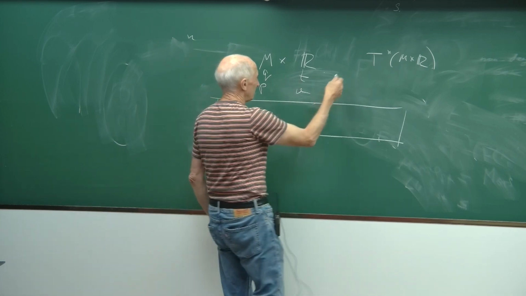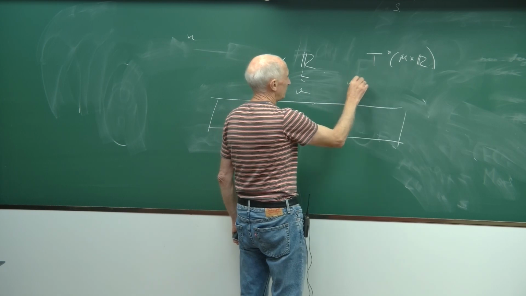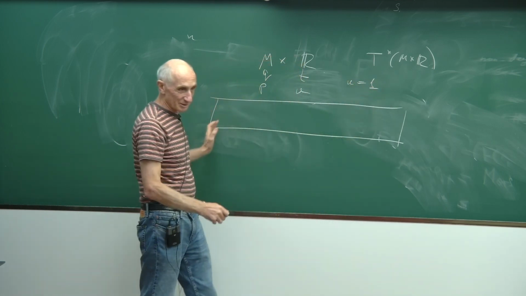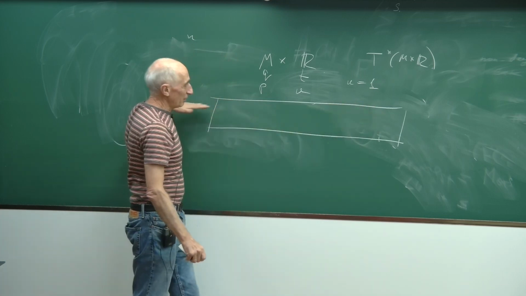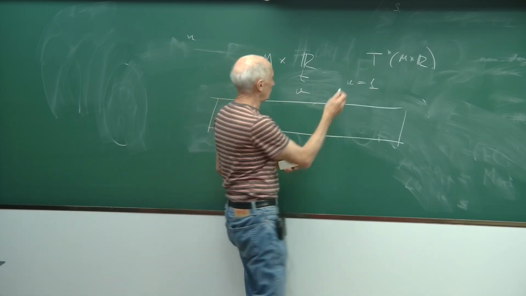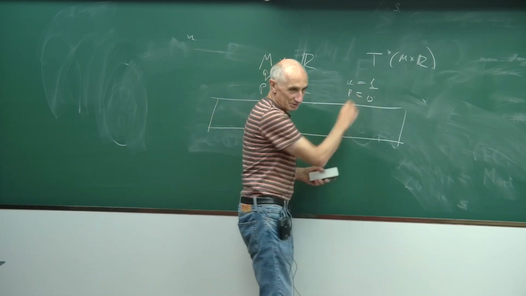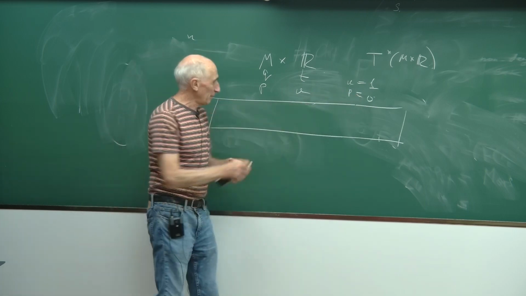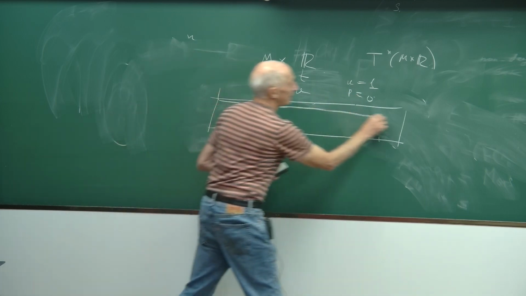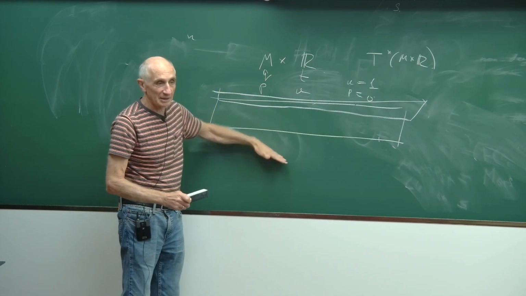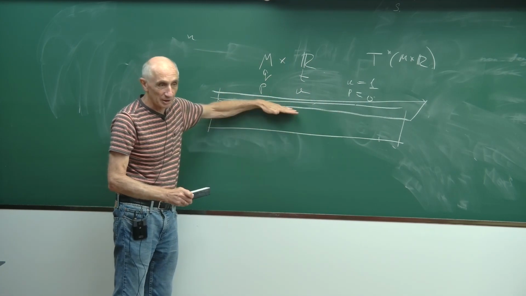That means u is equal to 1 and p is equal to 0. So it's a kind of parallel to the zero section Lagrangian. There is a zero section, and they are shifted by 1 in the u direction.